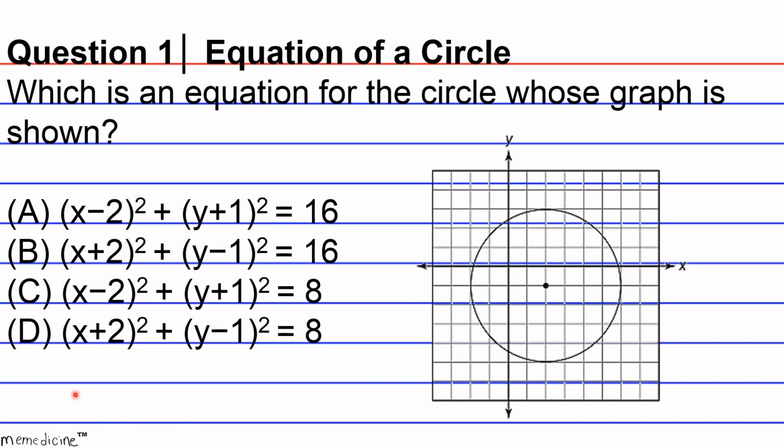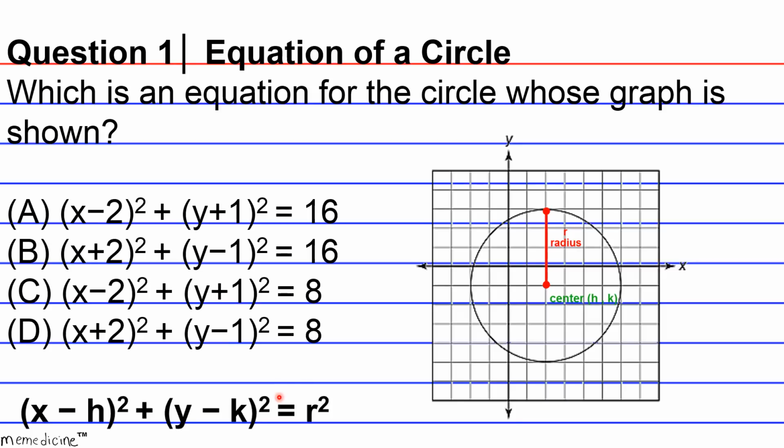Okay, so this is basically the format of the center radius equation of a circle, whose center is located at the x-coordinate h and the y-coordinate k, and the circle will have a radius of r. You can use this formula to solve for the equation of a circle.